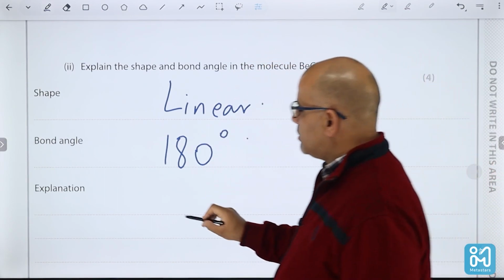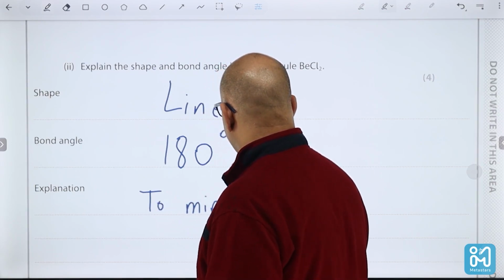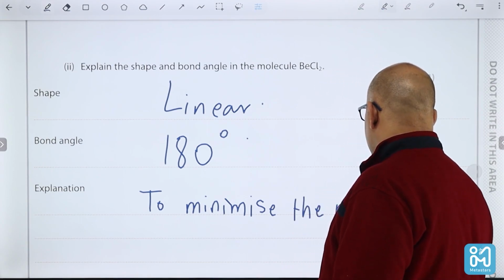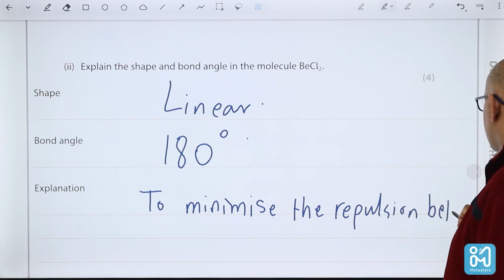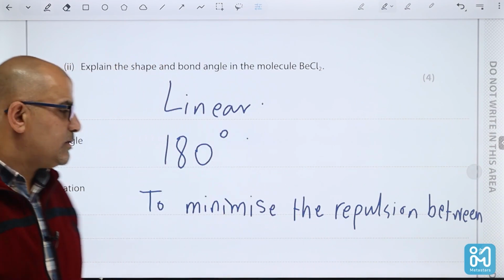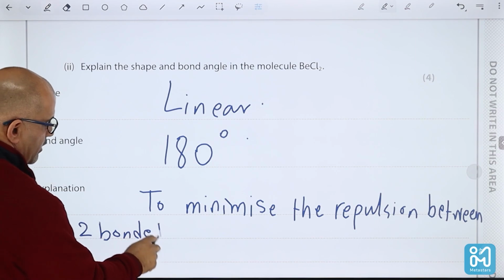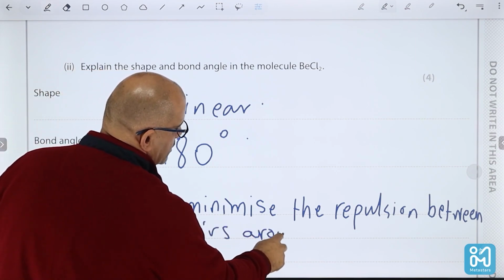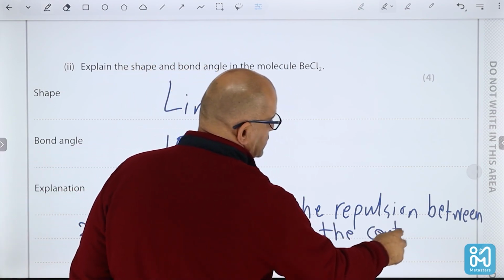The explanation is to minimize the repulsion between what? 2 bonded pairs around the central atom.